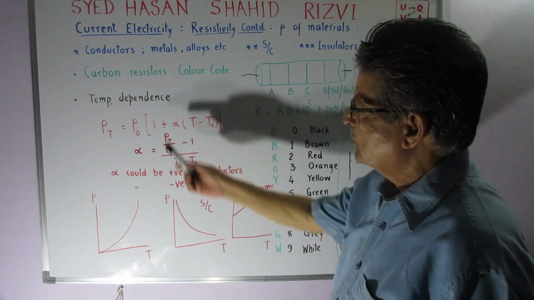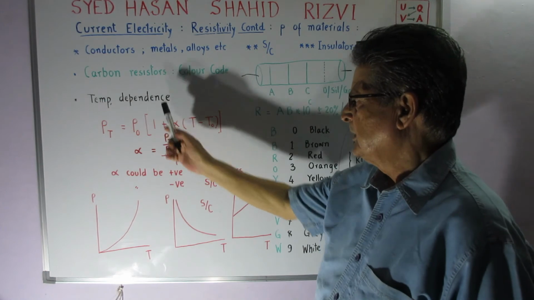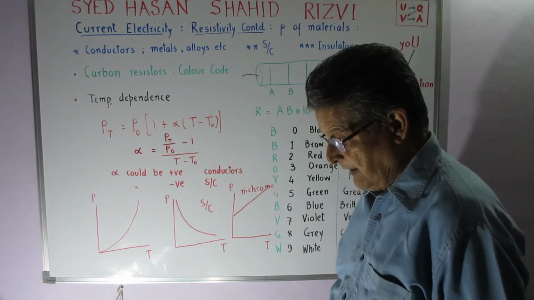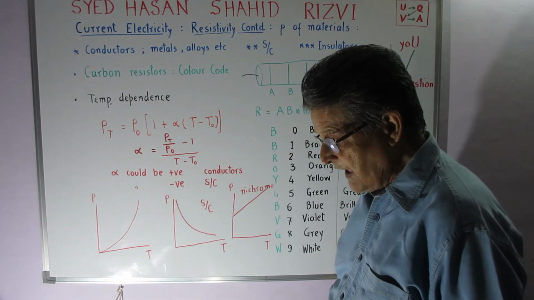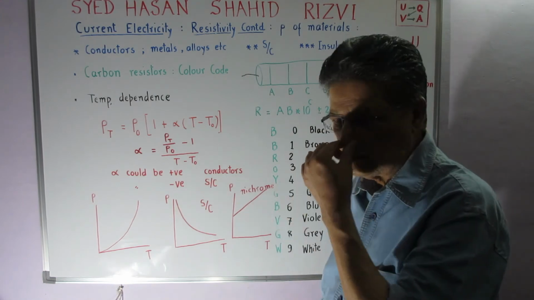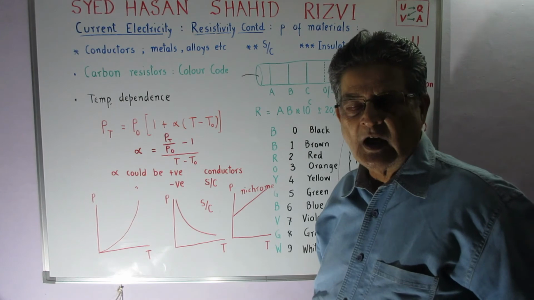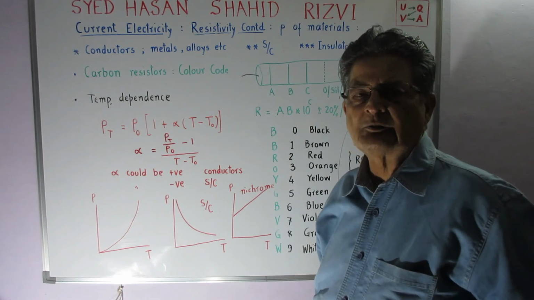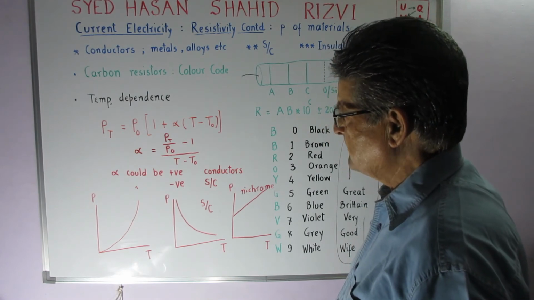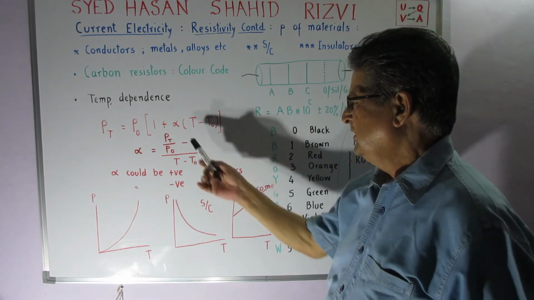Now we talk about another aspect of resistivity, and that is temperature dependence. As the temperature is increased, the electron motion has more vibrations, and the resistance or resistivity will increase in the case of metals and alloys, because the number of electrons per unit volume hardly changes with temperature.